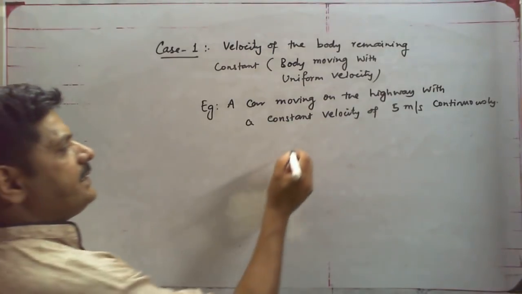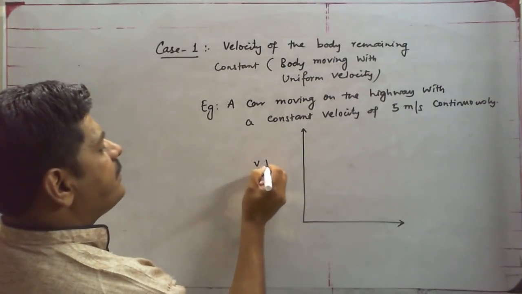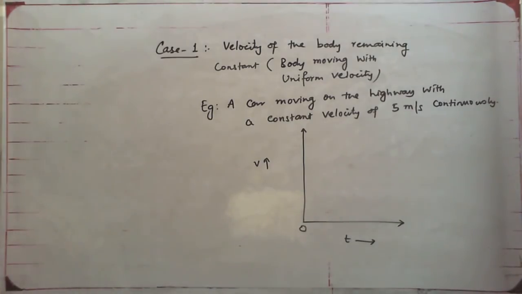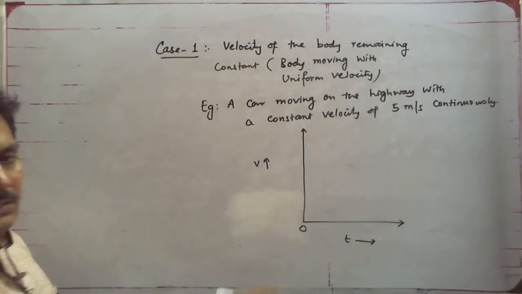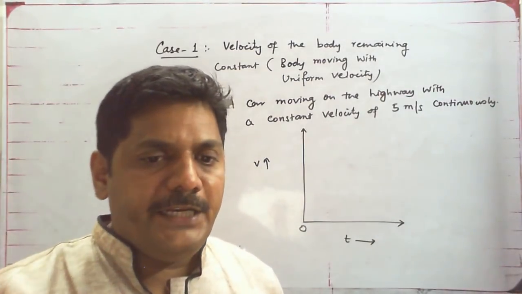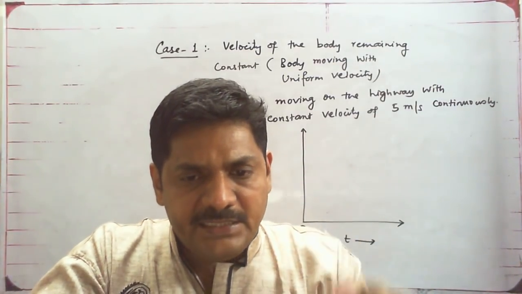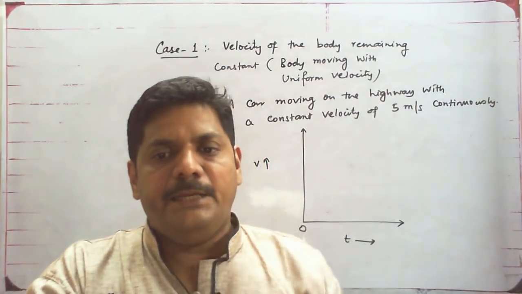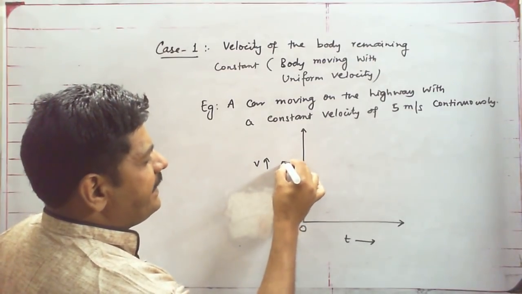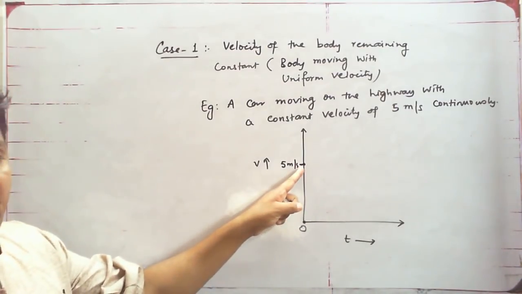Now in this case we need to take the velocity and time. This is velocity, this is time, this is the origin. Now at the point I start looking, the car is already in motion and the velocity of the car is 5 meter per second. So at 0 second time, the velocity of the car is 5 meter per second.